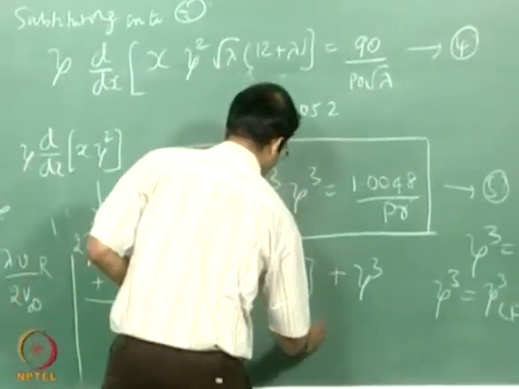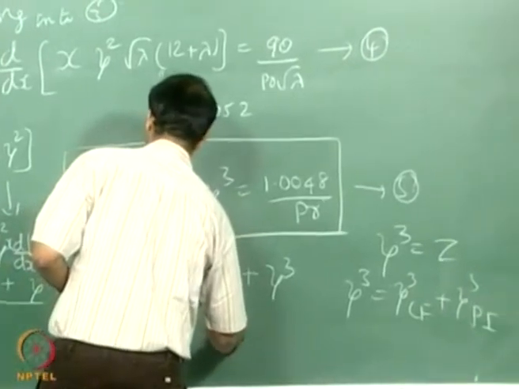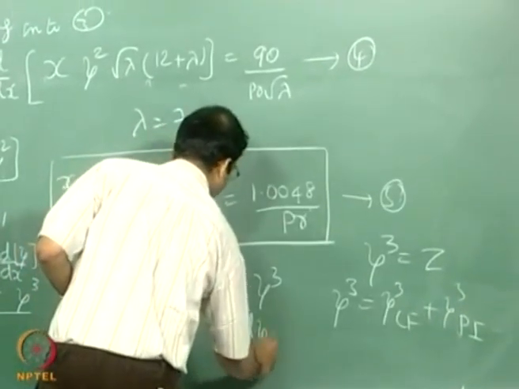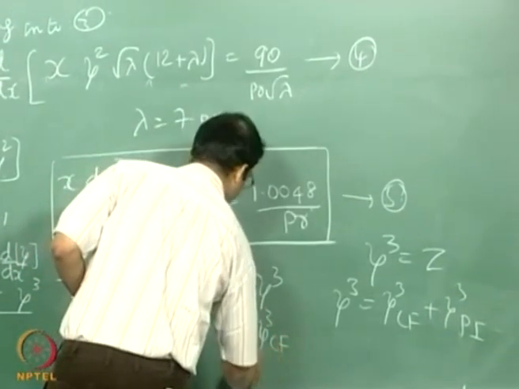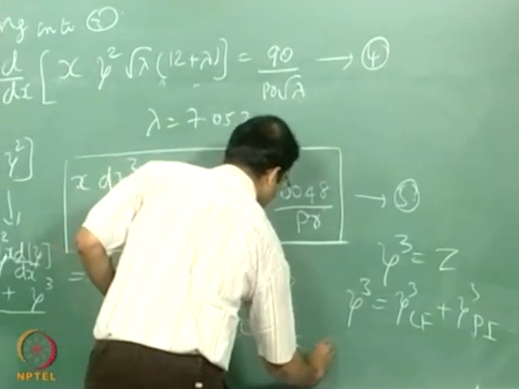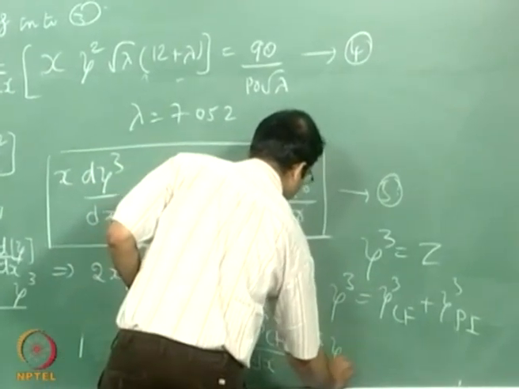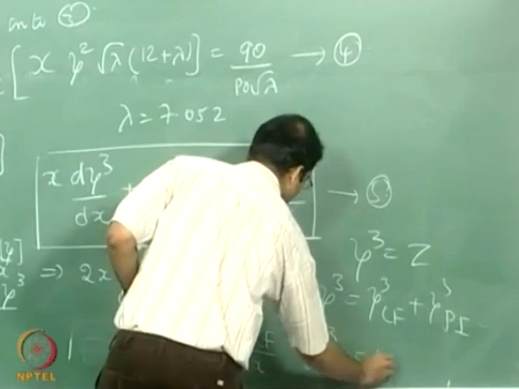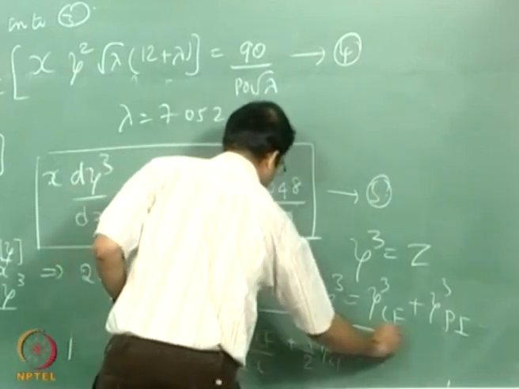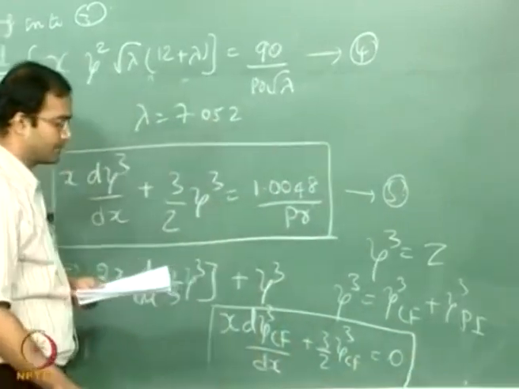Basically it has to satisfy x d zeta cube CF by dx plus 3 by 2 zeta cube CF equal to 0. So this is the solution to the homogeneous part.